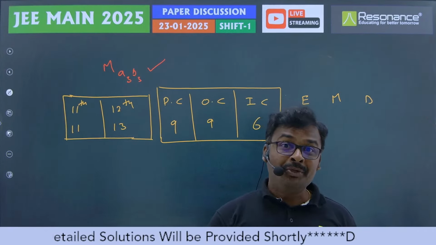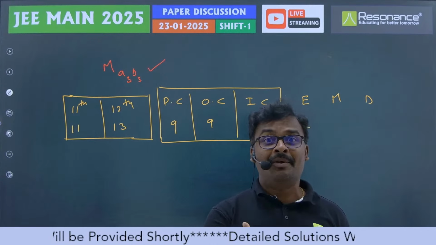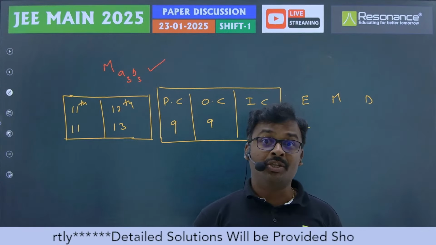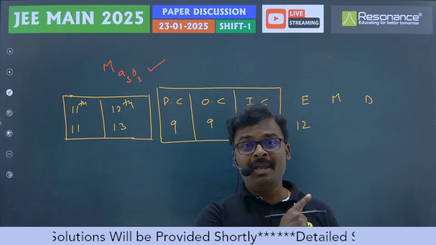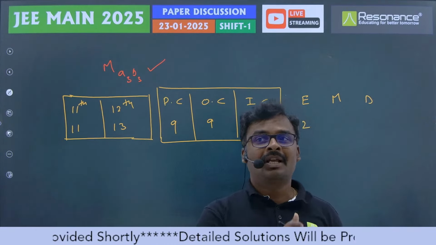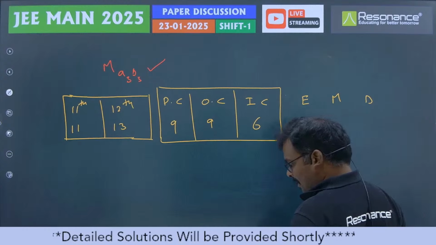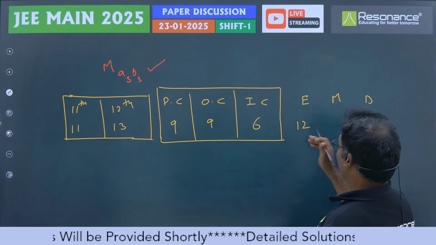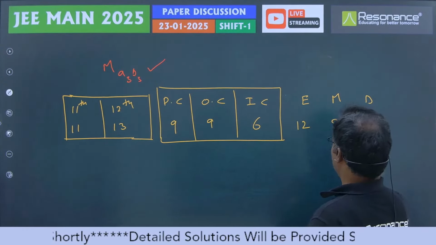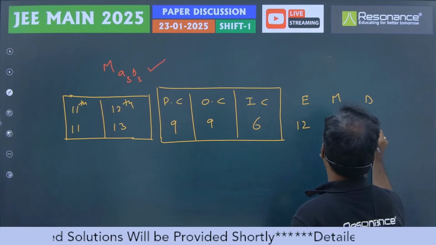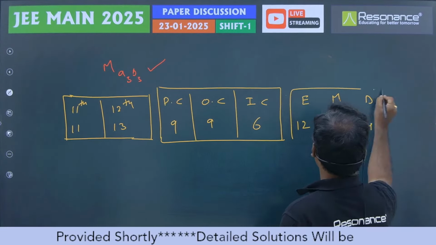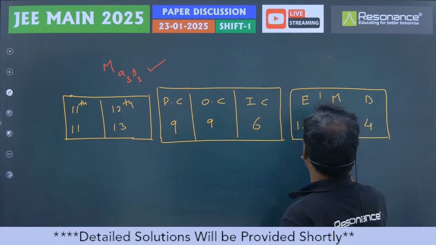So according to the student's perspective only, we have classified the level of these questions. Most of you will face the same classification while solving also, right? So the easy level had 12 questions, medium level had 8 questions, and difficult level had 4 questions.